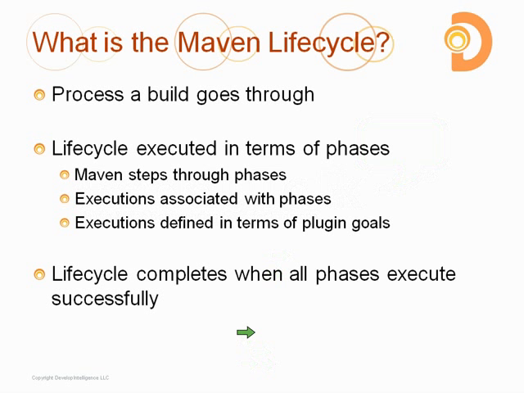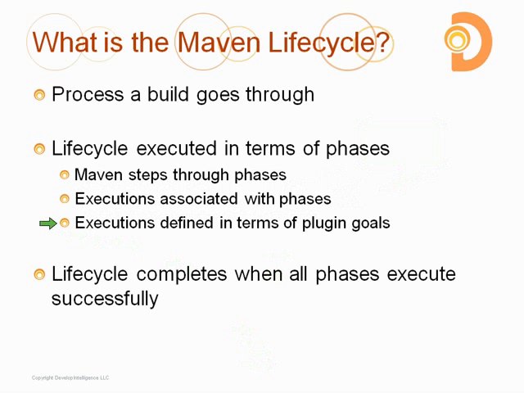So there's an actual tag in the SuperPOM called the lifecycle tag, and in there is a description for each one of the lifecycle phases, and each phase has its own definition in terms of lifecycle subphases. It's kind of one way to think about it.